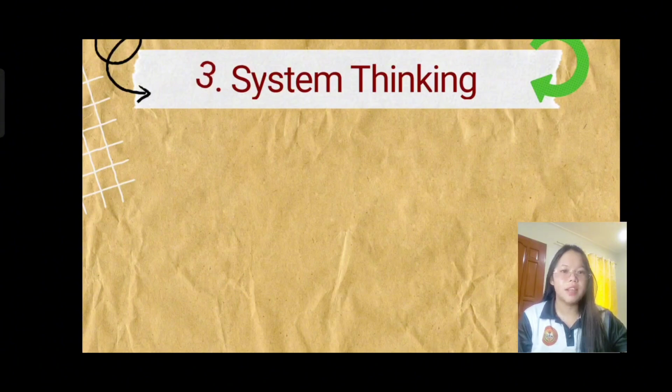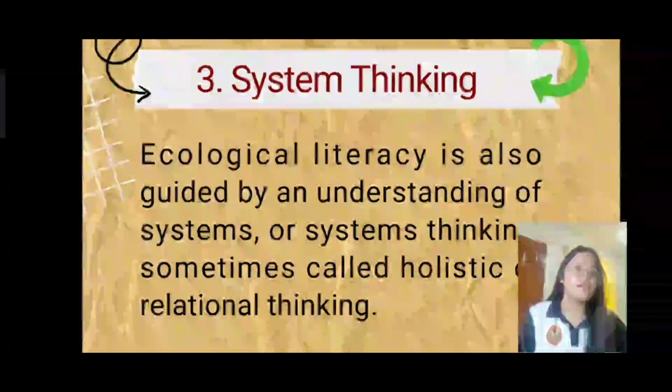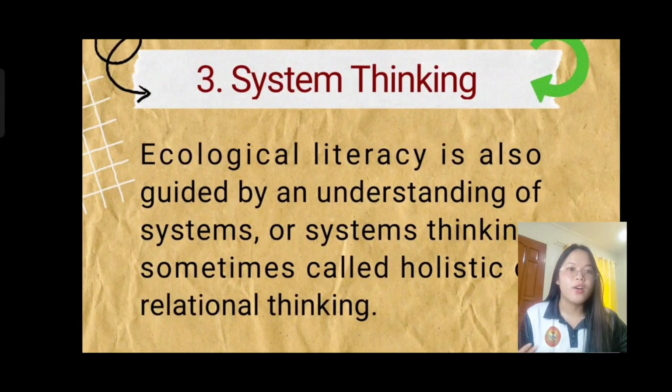So, the next one is systems thinking. So, what does this systems thinking talk about? Ecological literacy is also guided by an understanding of systems, or systems thinking, sometimes called holistic or relational thinking.